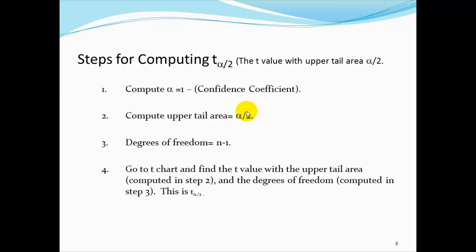In step 3, we compute our degrees of freedom as n minus 1. In step 4, we go to the t-chart and find the t-value with the upper tail area as computed in step 2 and the degrees of freedom as computed in step 3. The corresponding t-value is our t alpha over 2 value.